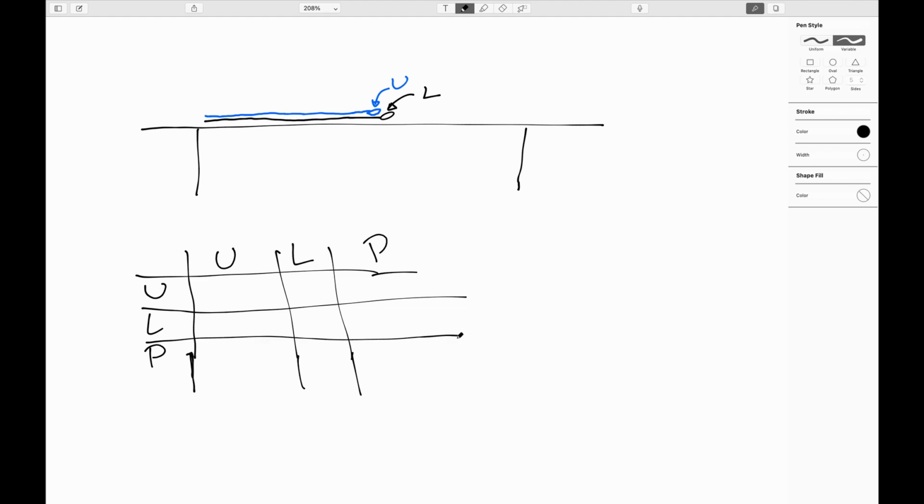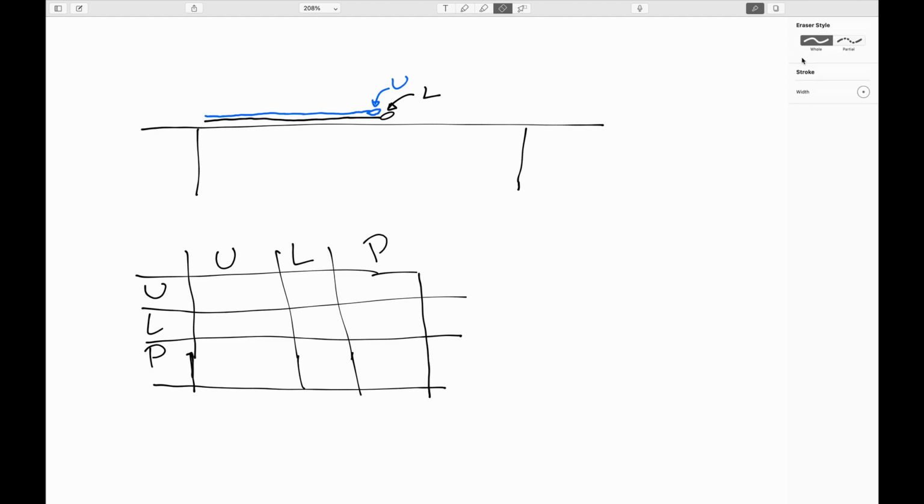And what I want you to do is, in each case, just bring the appropriate objects near each other without actually touching.